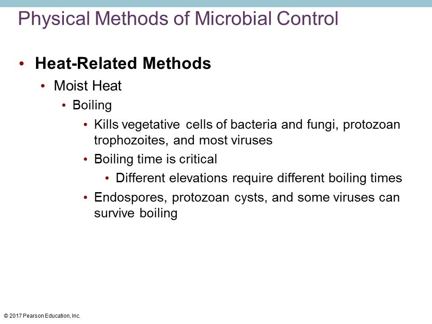So that's why we're saying the boiling time is critical, and that's dependent upon your elevation. You want to boil long enough so that you are killing those vegetative cells. Endospores and some of the cysts and some viruses can survive the boiling.